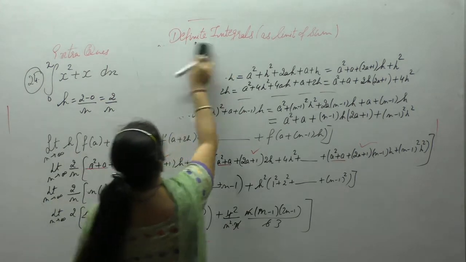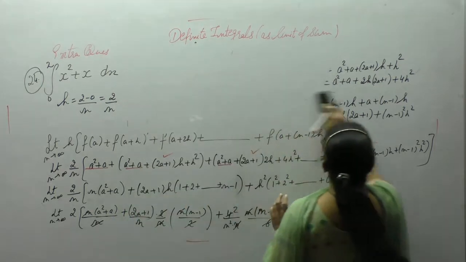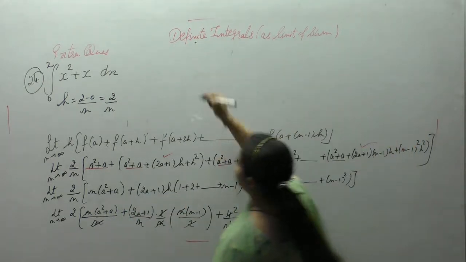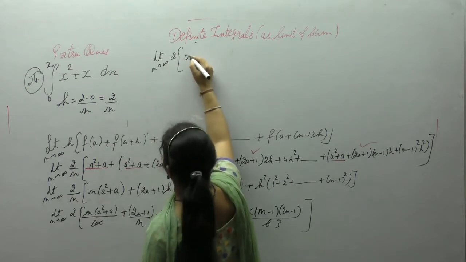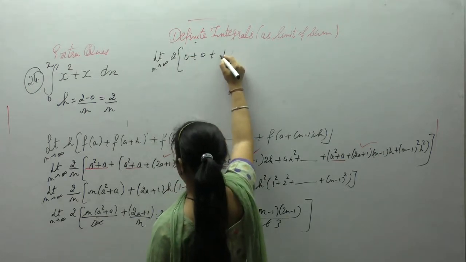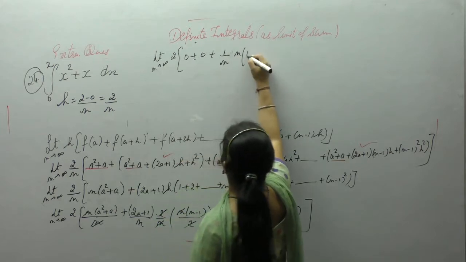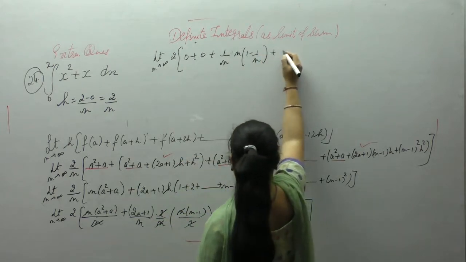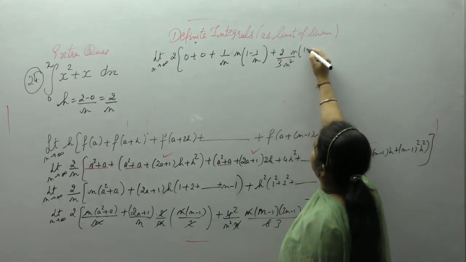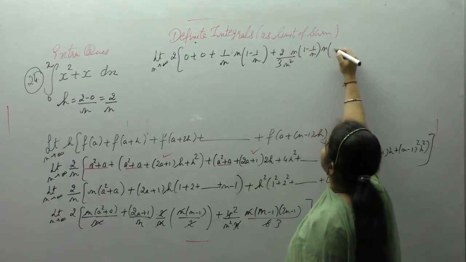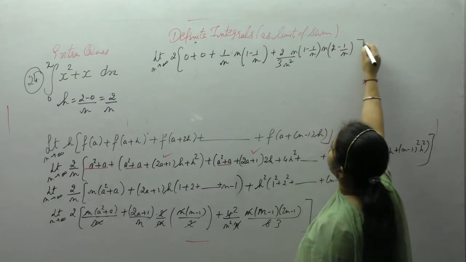In the next step, limit n tends to infinity, 2 times a0 1 by n. Take n common: 1 minus 1 by n, 2 by 3 n square, and 1 minus 1 by n and 2 minus 1 by n.